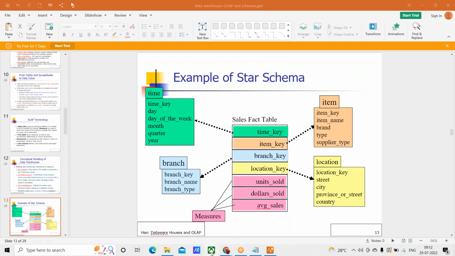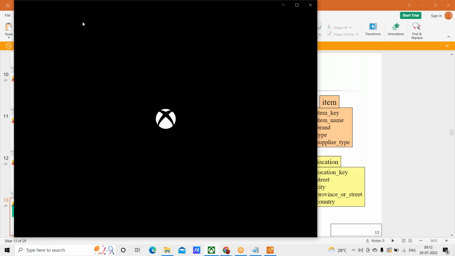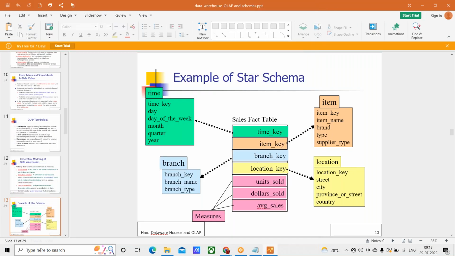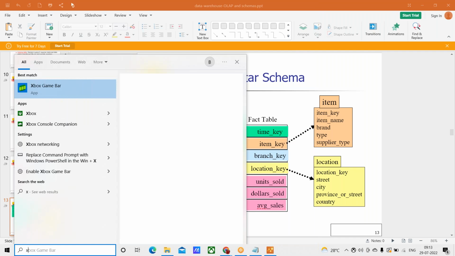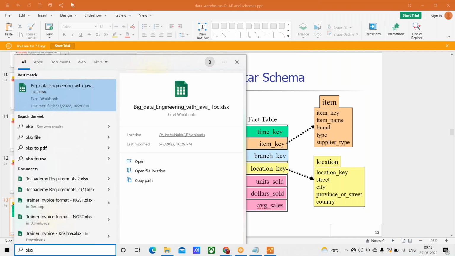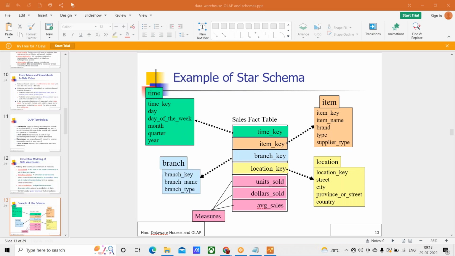What I said is, if we have to write an Excel sheet, Excel sheet means you consider it as a table. Table means rows and columns, right?